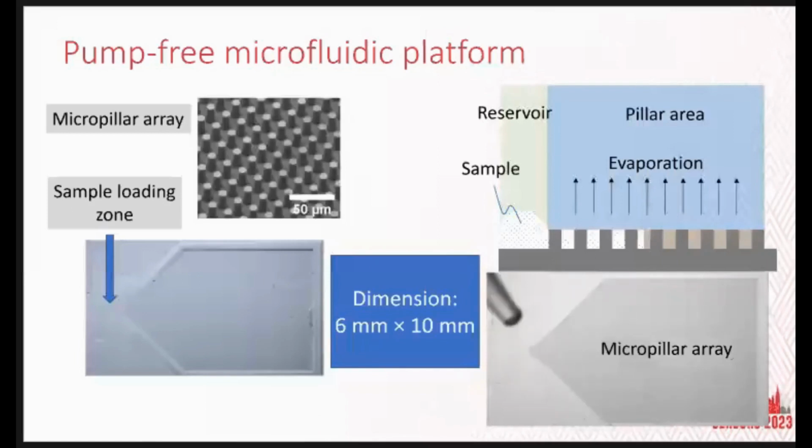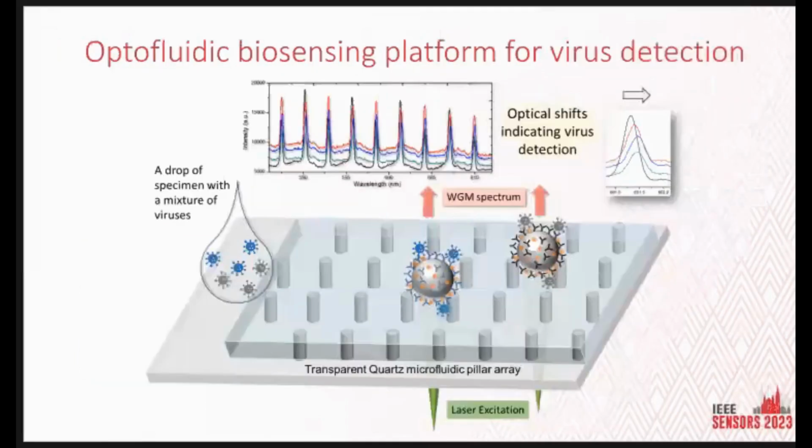So the purpose is to combine this pump-free microfluidic platform based on the micropillar array together with the resonating microspheres that I was talking about, to do the sensing. The model analyte shown here is a virus, basically the influenza virus.